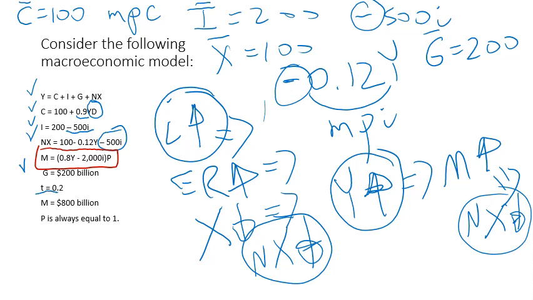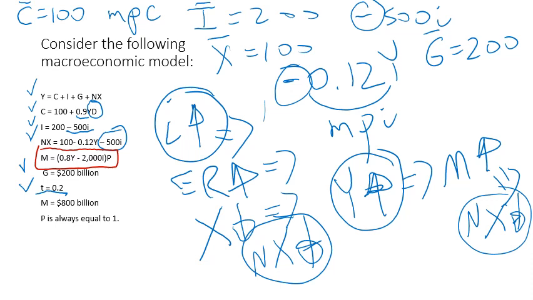Also, you see a personal income tax rate of 20%, and these functions, these identities that I have checked, they're all related to the goods and services market.